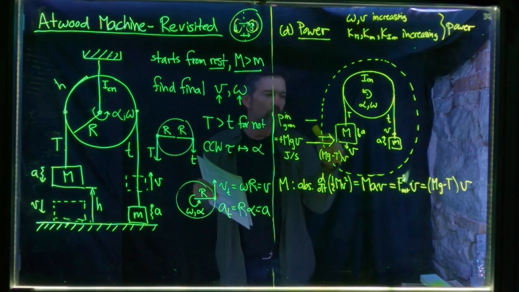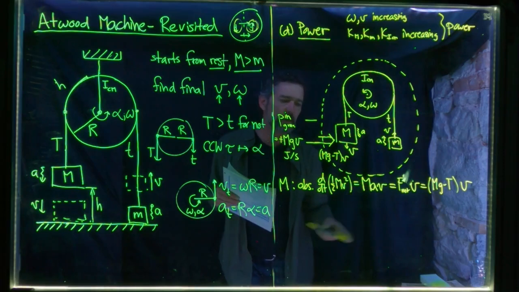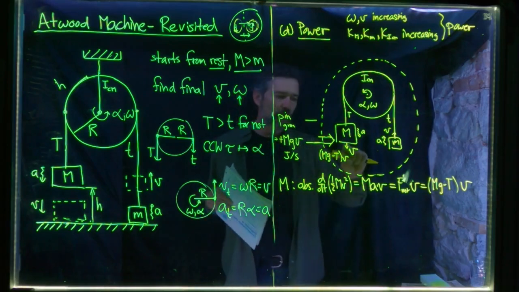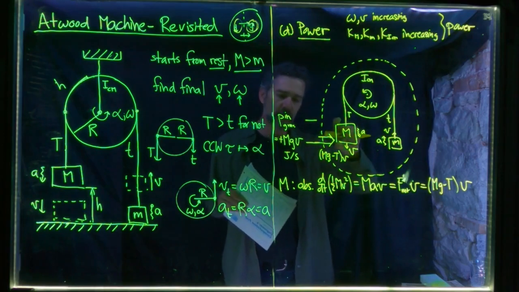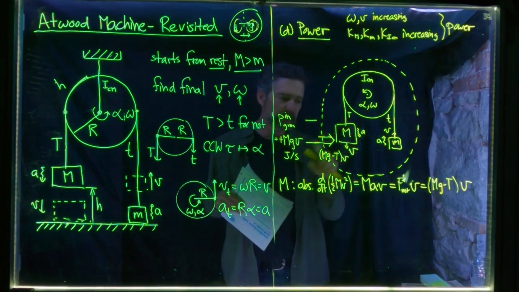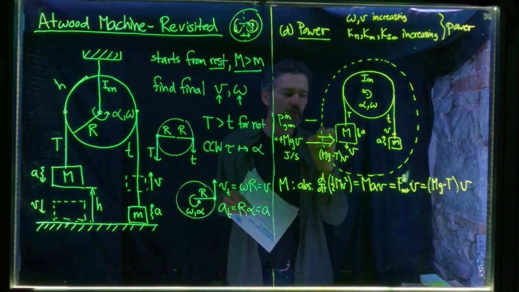That's the net power flowing into M, the net rate of change of the kinetic energy of M. So this amount is sort of bled off. We have a big pipe of power coming in here, mgv. This little amount is bled off, (mg minus T) times v. So mgv minus (mg minus T)v is positive Tv. So what's left over is positive Tv.